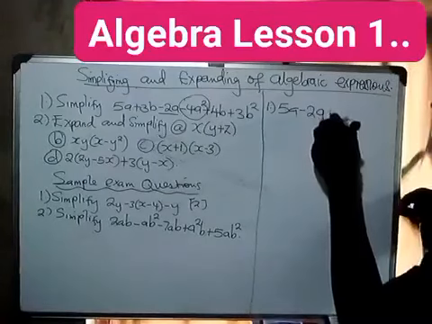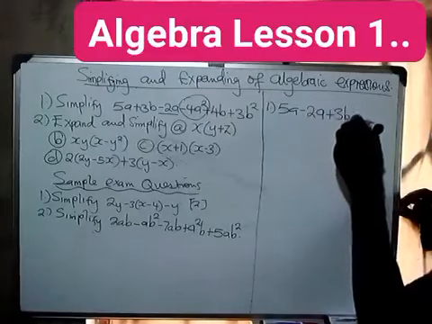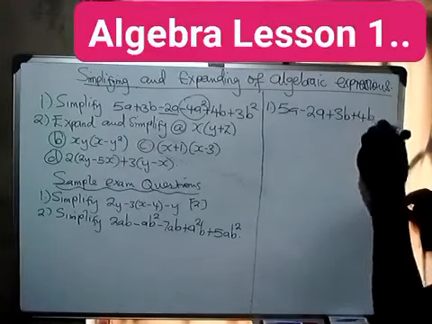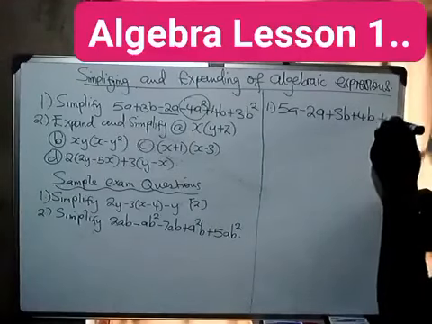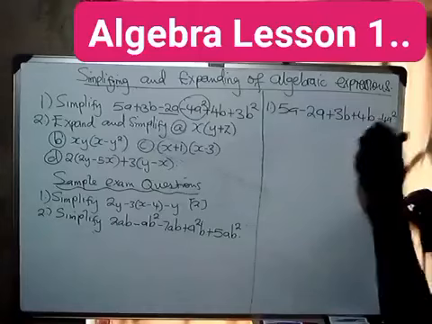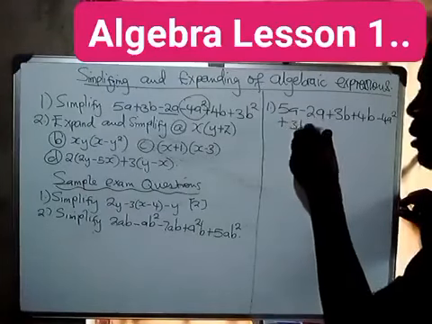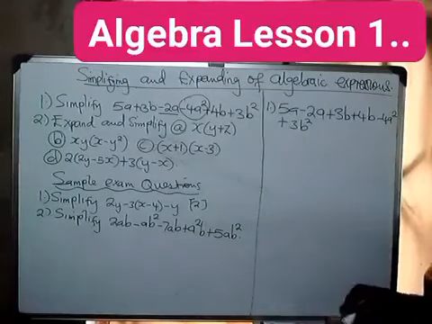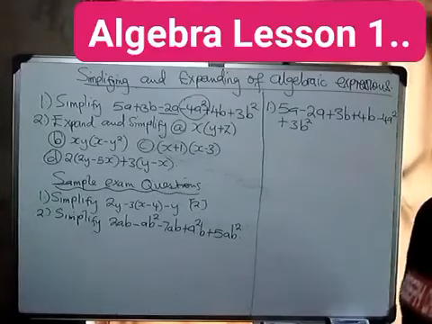Then we go plus 3b, which is a like term to 4b. Then we are going to have minus 4a squared, then plus 3b squared. 4a squared and 3b squared are not like terms.